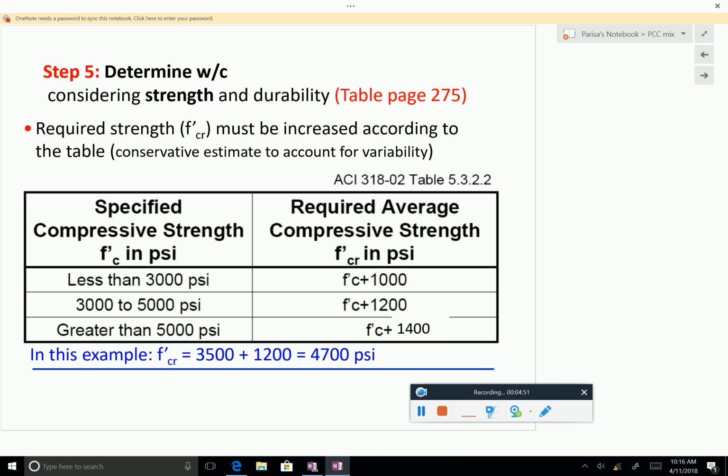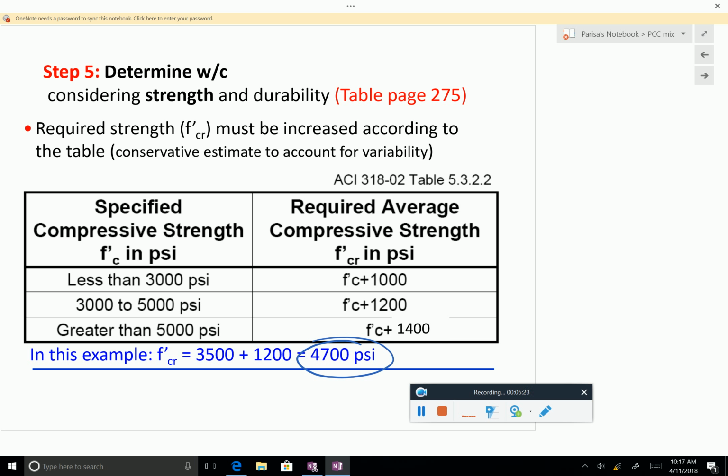In this case, we are not given a standard deviation, right? So we just look to see, okay, what we have is between 3,000 and 5,000, so we add 1,200 psi to it. So then, this will be your compressive strength that you use in the table. If you were given a standard deviation, as in the example on Friday, then you would add 1.34 times standard deviation.